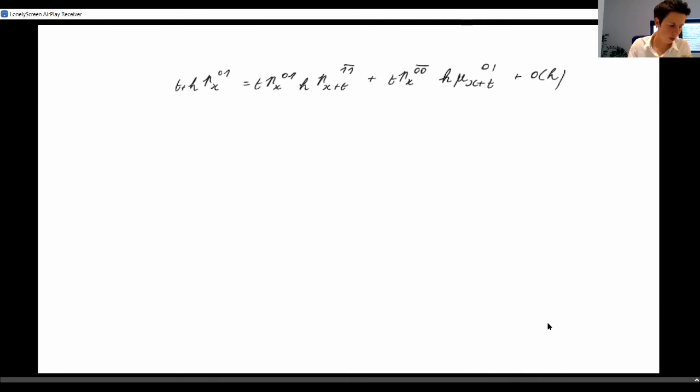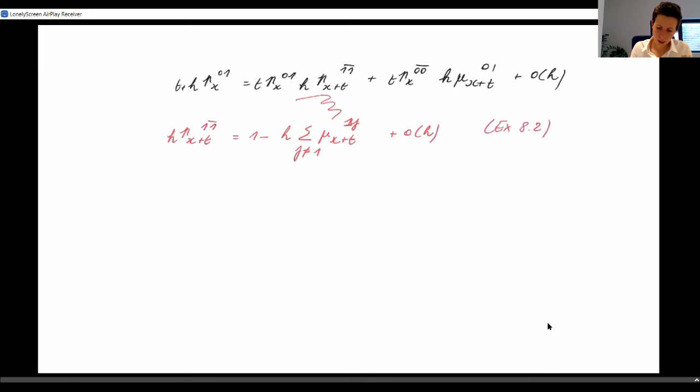So I want to manipulate this expression a bit more. I'm first going to look at the occupancy probability that you see over here. It's this one. And I know that I can write this, using the example that I covered earlier on, as 1 minus h times the sum of the intensities mu 1j, where j is different from 1, plus a little o of h. This was what I derived in example 8.2.